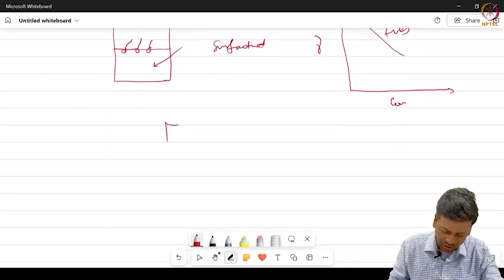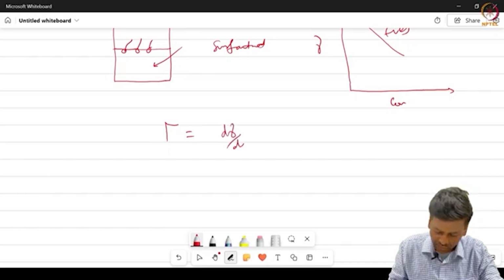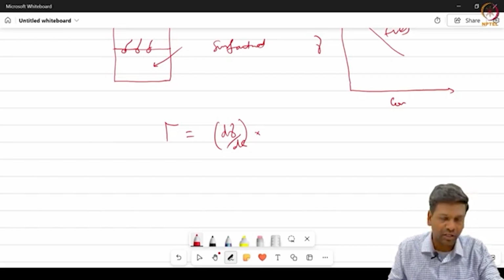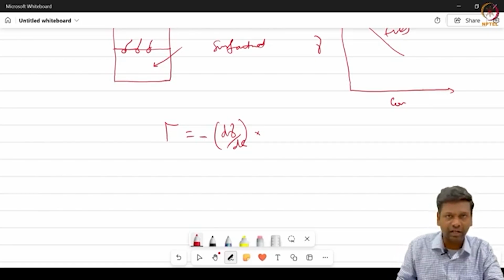Now our equation for the surface excess, which we will see in the next lecture when we derive the Gibbs adsorption isotherm, is a function of d gamma by dc multiplied by some other term, but this equation will have a negative sign.